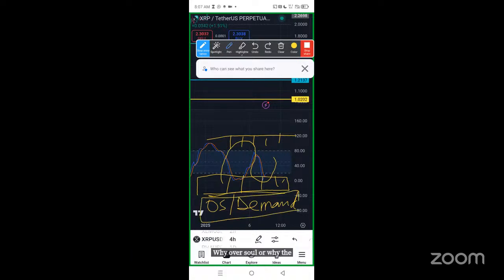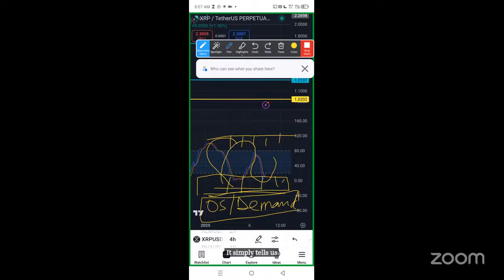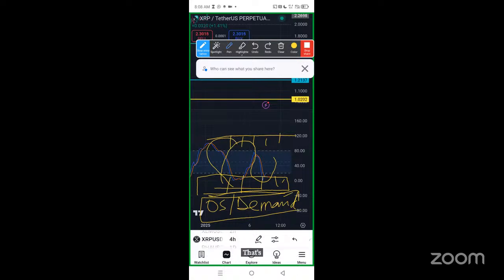It is an oversold region because once these two lines are within that region, it simply tells us that the coin has been oversold. It literally means the price has dropped so significantly that it is presenting opportunities for traders to buy. That's why it is called the demand zone.